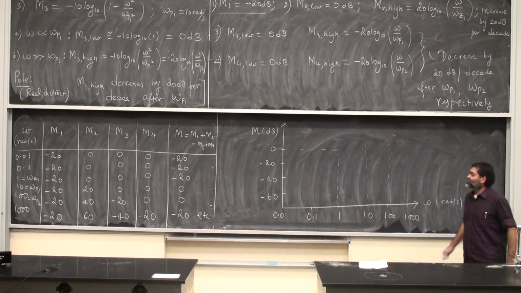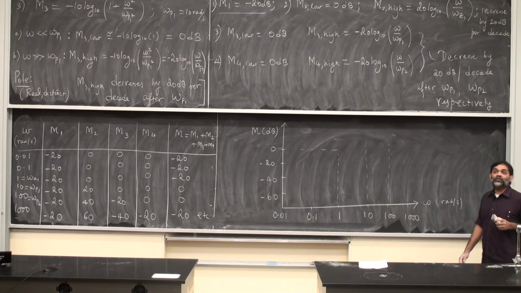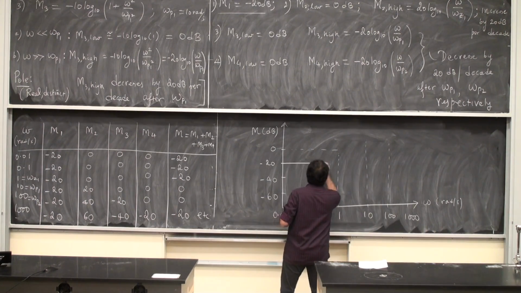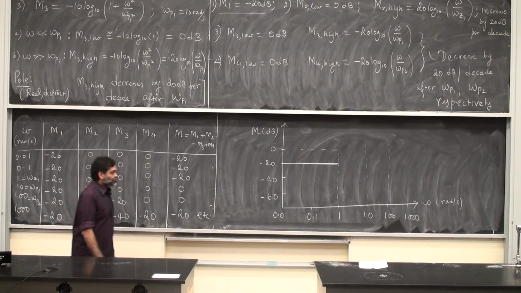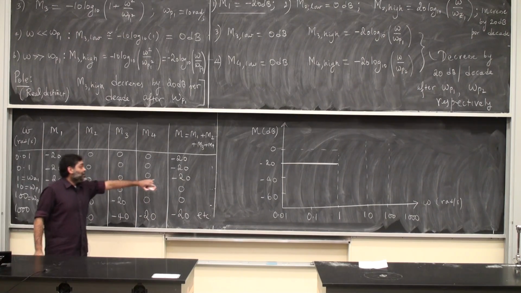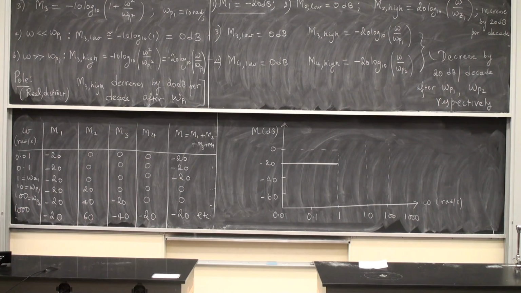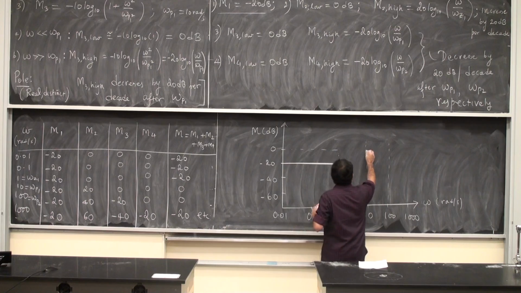All right. So from 0.01 all the way up to, I believe, 1, I'm at minus 20. So just a straight line. Okay? Then from 1 to 10, you see that I have to increase by 20 decibels per decade, because this is the effect of the zero coming into play. Okay, so I go from minus 20 to 0 all the way here.